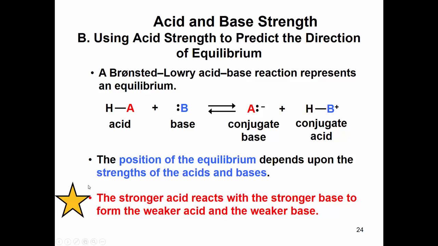For an acid-base reaction to occur, the stronger acid and the stronger base are going to form the weaker acid and weaker base. And so I tell my students that the reaction drives to the side of the weaker conjugate acid. So the reaction is going to proceed in one of two directions, in the direction of the weaker conjugate acid. So that's what I look for.